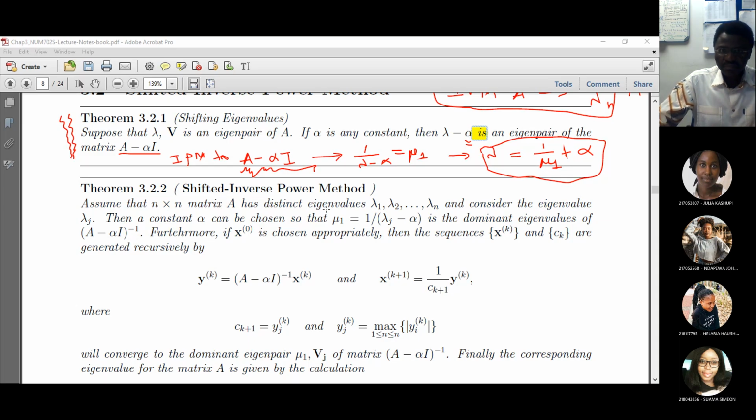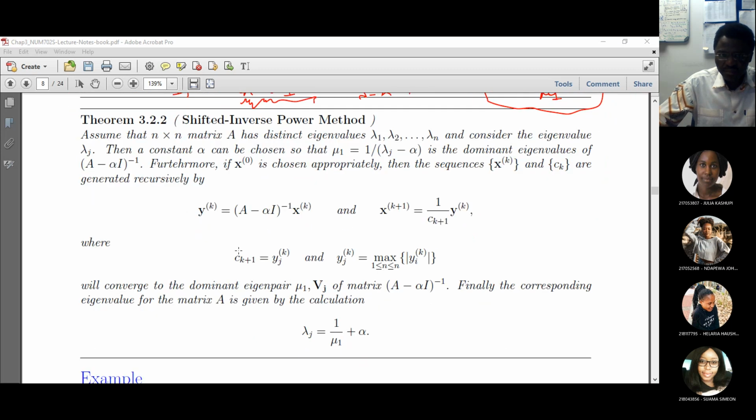Right. Now we perform the power method to this matrix, which is equivalent to applying the inverse power method to A minus alpha identity. It's the same.